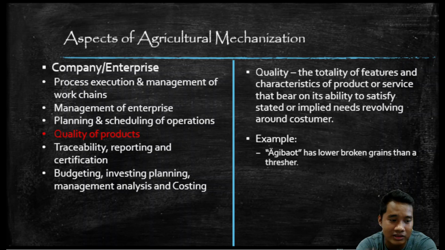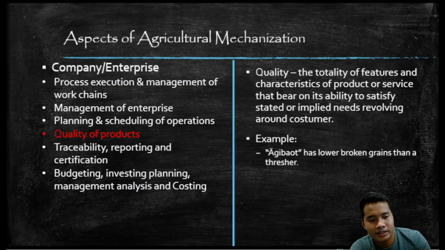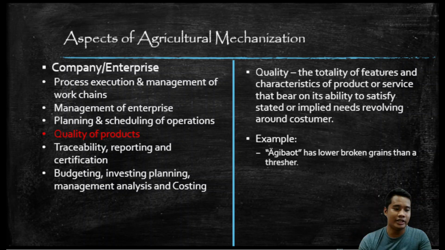Okay, based on my father and on the different farmers in our locality, agibaot has fewer broken grains than the thresher, wherein the thresher shows significantly high broken grains. Okay, so quality is very important. Okay, quality is very important to consider in designing machinery.